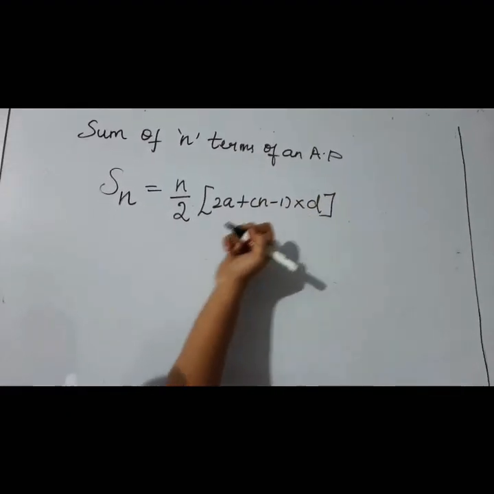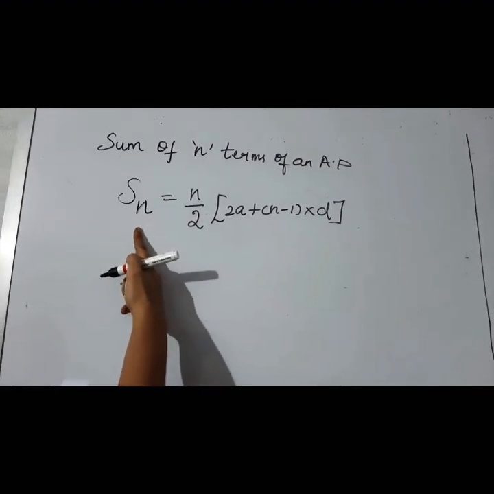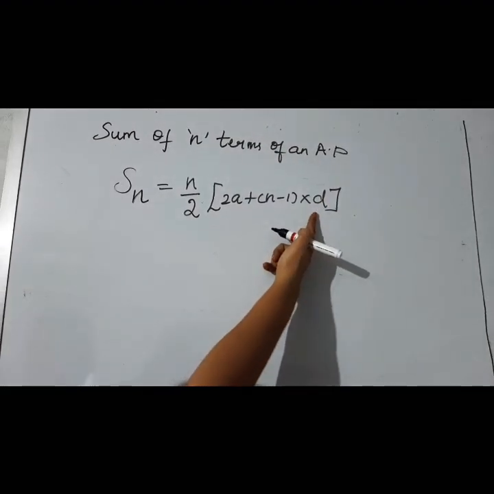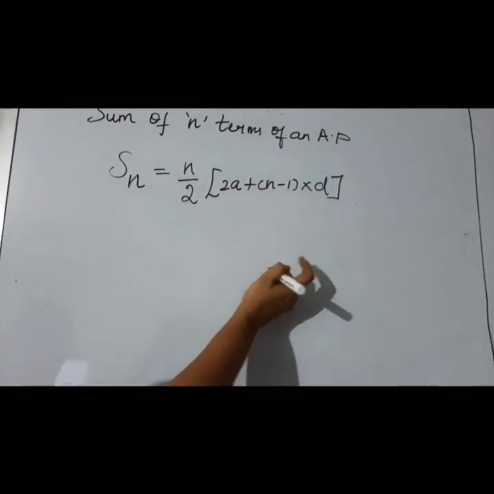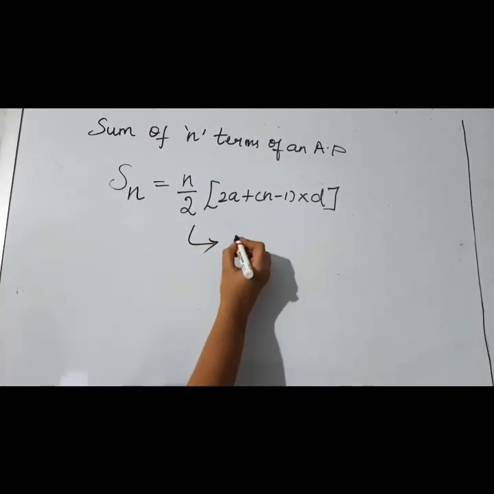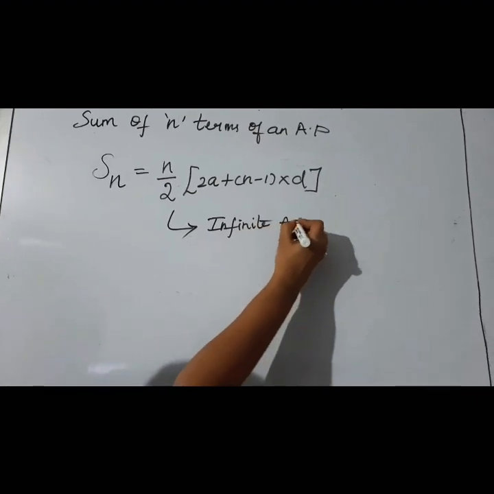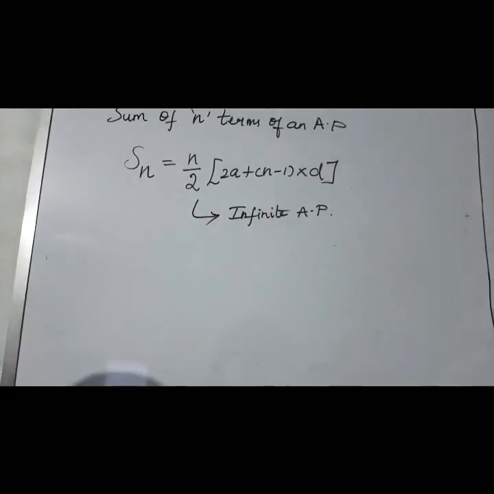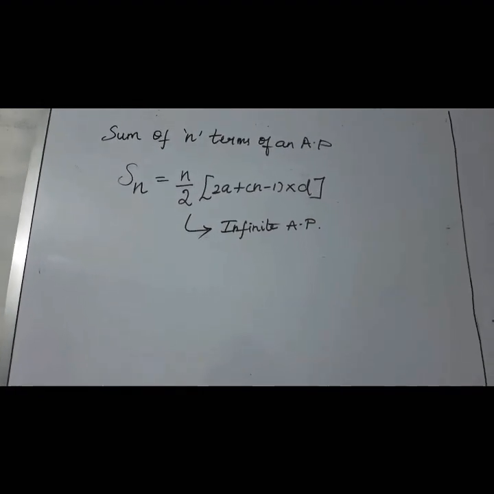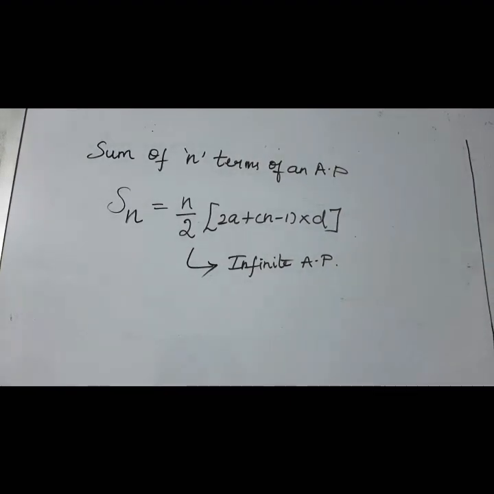It's a new formula, children, make a note of it. n represents the number of terms, a represents the first term, and d represents the common difference of an AP. We will be using this formula for an infinite AP. If we have an infinite AP and we do not know the last term or the total number of terms in that AP, there we will be using this formula.